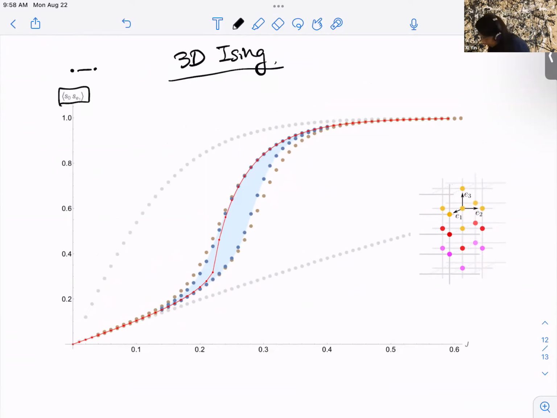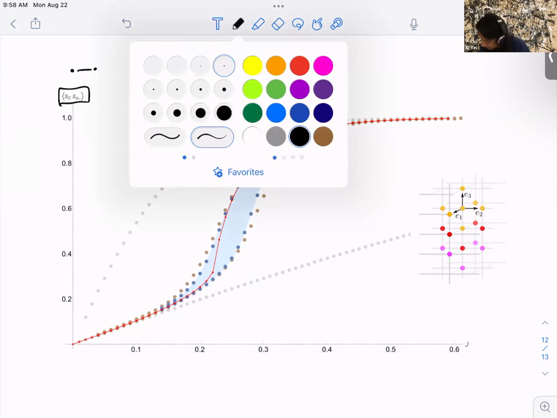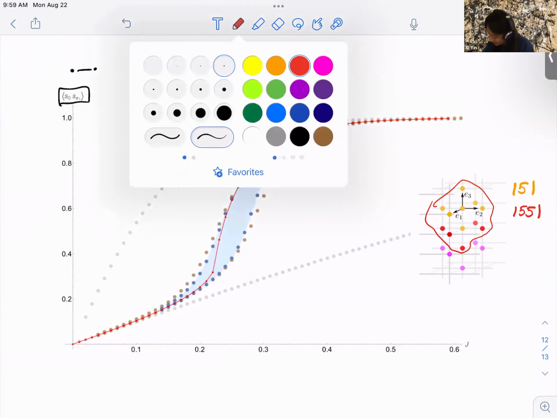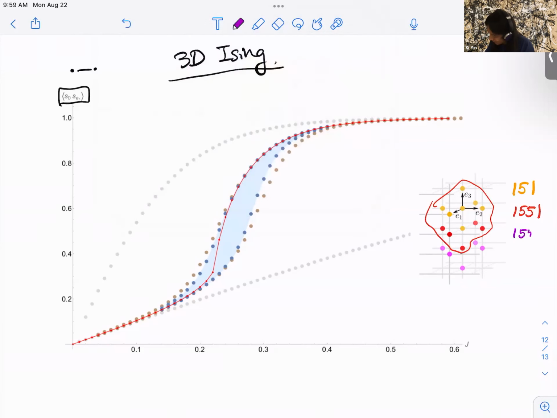We considered the 151 region, which are these orange dots; the 1551 region, which is the orange together with the red; and the 15551 region, which is this set of points shown in this diagram.